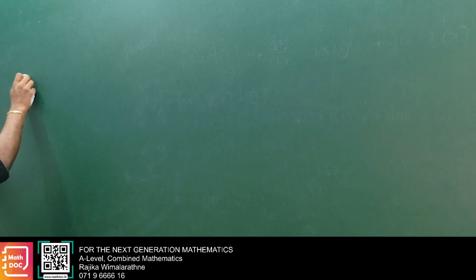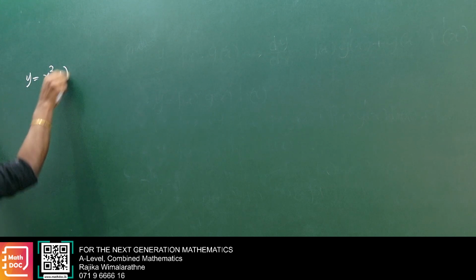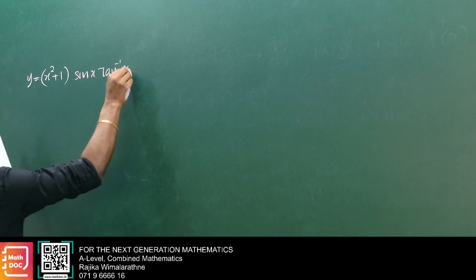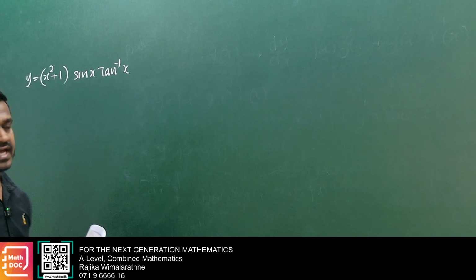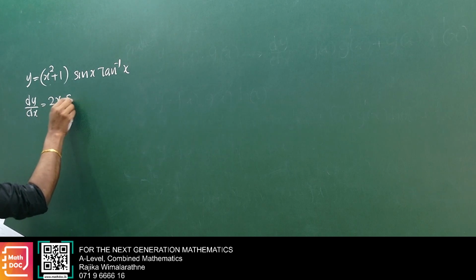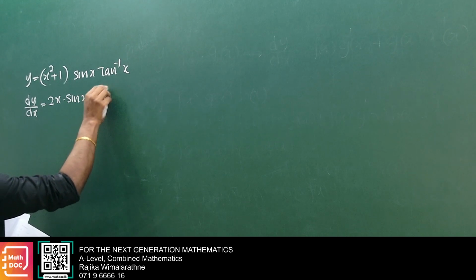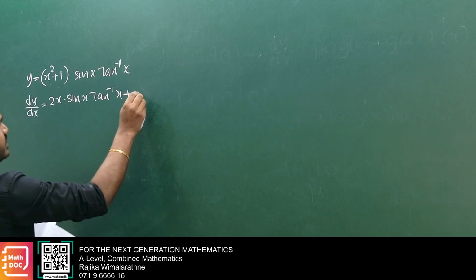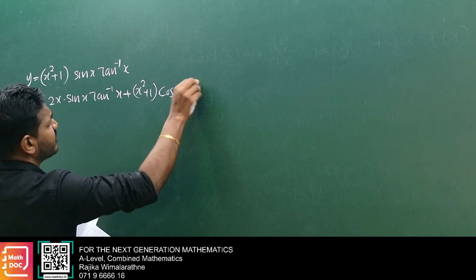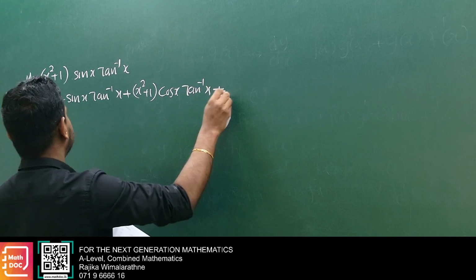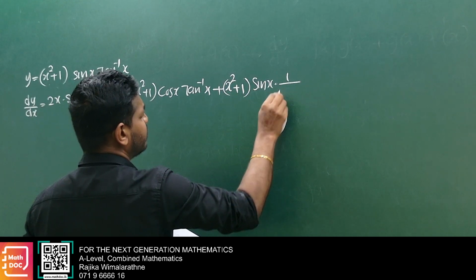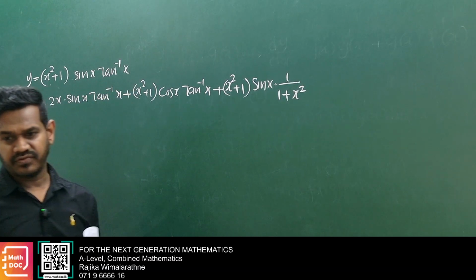Question number 17, y equals (x squared plus 1) sin x tan inverse x. Then dy by dx: derivative 2x sin x tan inverse x, plus (x squared plus 1) sin derivative cos, plus (x squared plus 1) sin x tan inverse derivative 1 over 1 plus x squared.